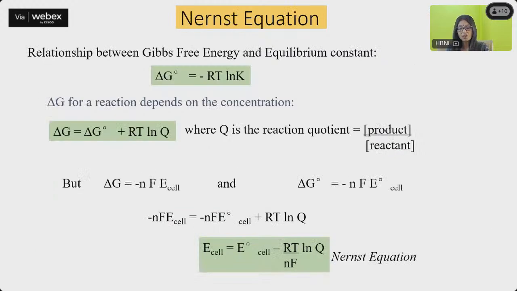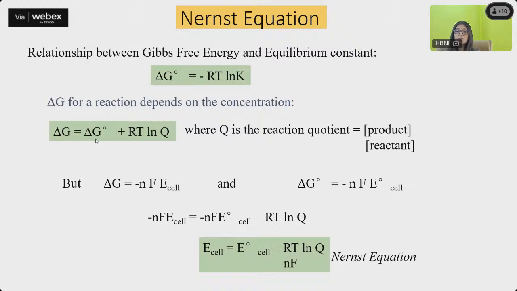Now coming to a very important equation, as I told you, Nernst developed these equations. This is the Nernst equation, which shows you the relationship between Gibbs free energy and equilibrium constant. So delta G0, you all know, is equal to minus RT ln K, and delta G for a reaction is dependent on the concentration. Delta G0 is basically the standard state condition, whereas delta G is going to depend on the concentration.